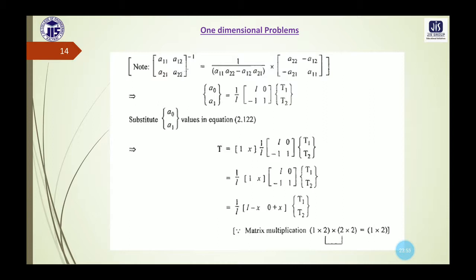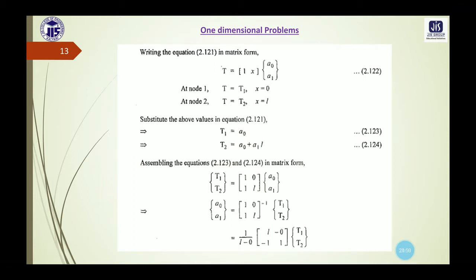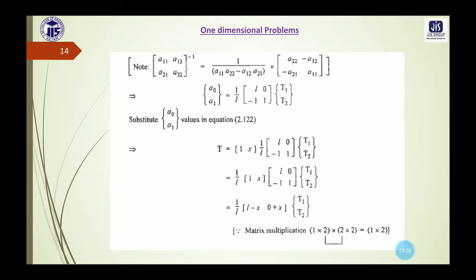If we put this value of the column matrix A0 A1 in the earlier equation, that is 2.122, the first equation on this page, then we get the row matrix of 1, x multiplied by 1 by L multiplied by the 2 by 2 matrix L 0 minus 1 1, multiplied by a column matrix of T1 T2.